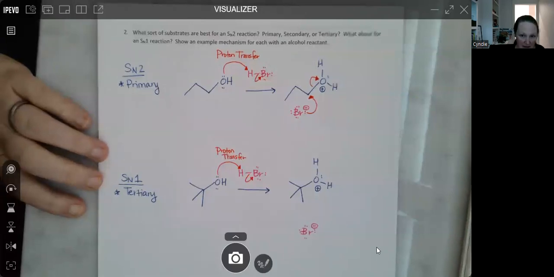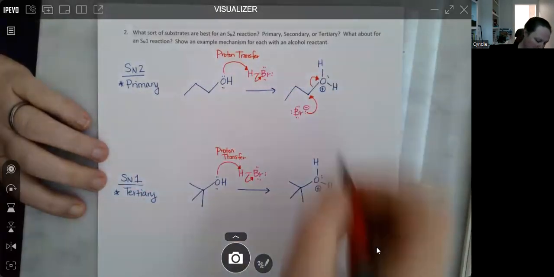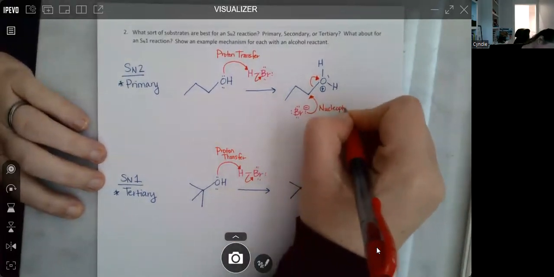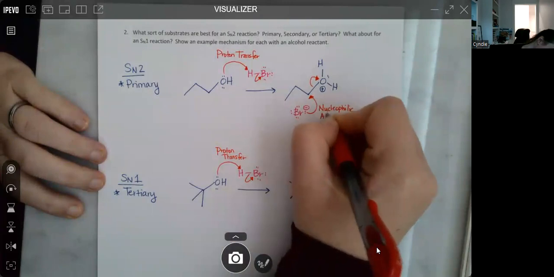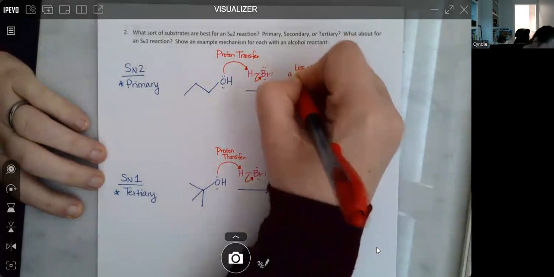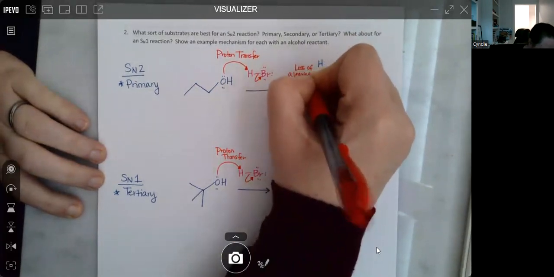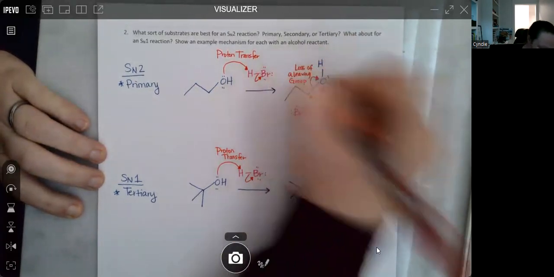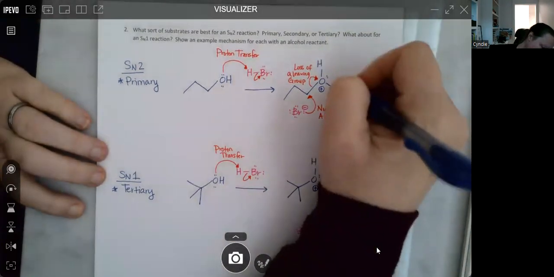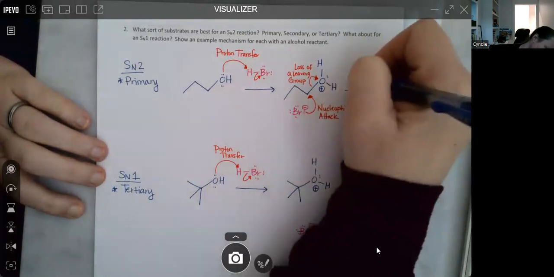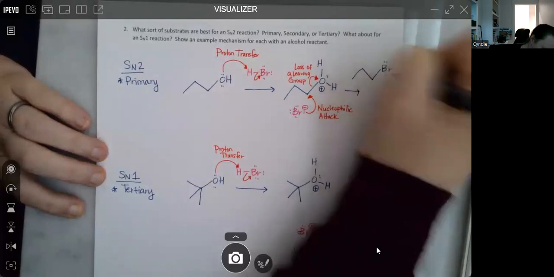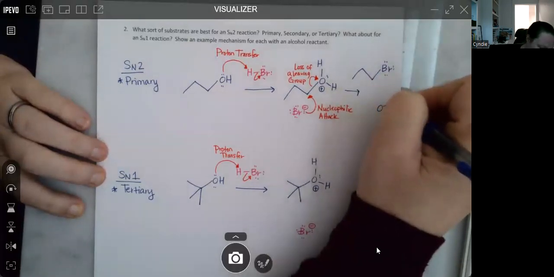So this is the SN2 step where we're doing a nucleophilic attack and loss of a leaving group in the same step to form the product. And we form some water.